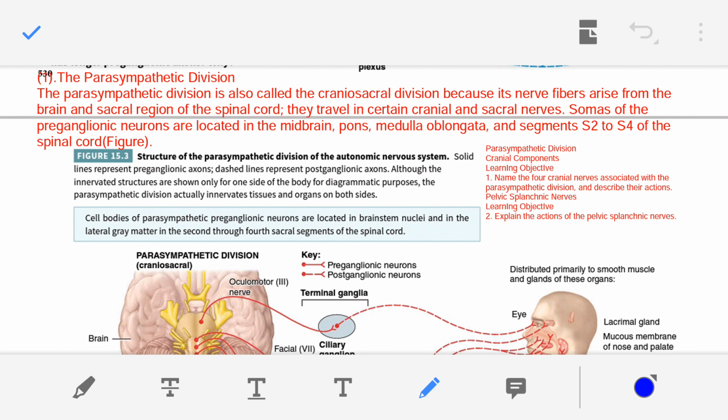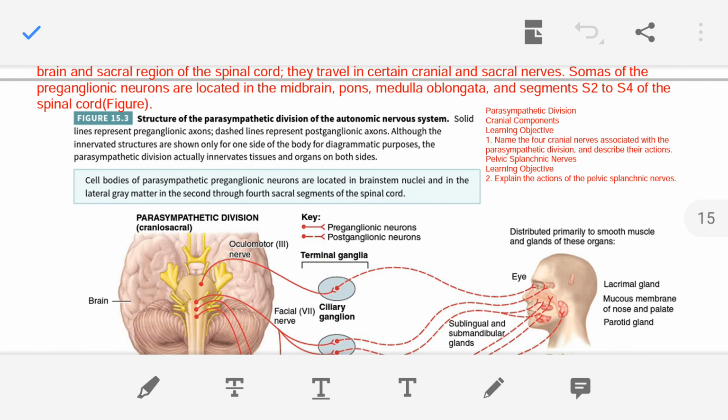Now, as I have shown you in the figure, the somas of preganglionic neurons are present in the brain, in the midbrain, pons and medulla oblongata. And the somas of preganglionic neurons are present in S2 to S4 segment of the spinal cord that we have seen. Okay, once again I am showing you.